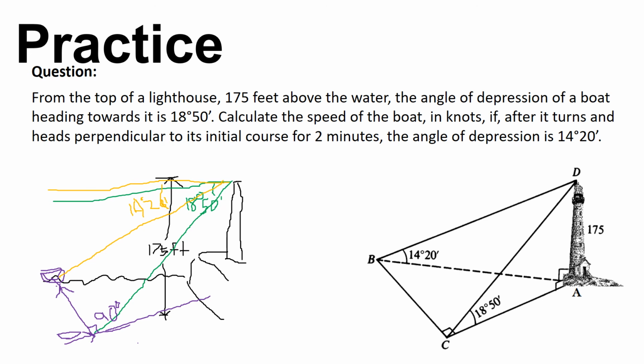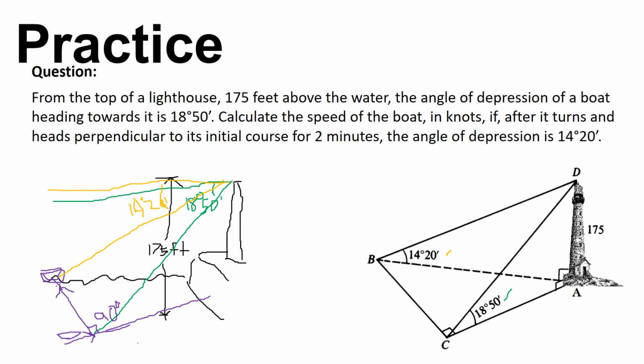How did we get 14 degrees 20 minutes and 18 degrees 50 minutes on the bottom when it was given at the top?